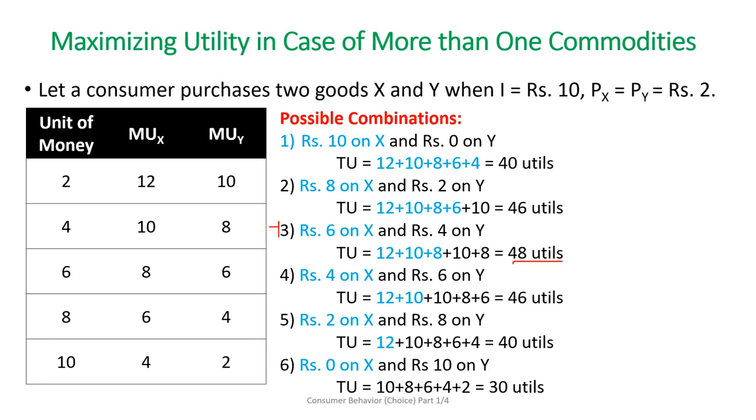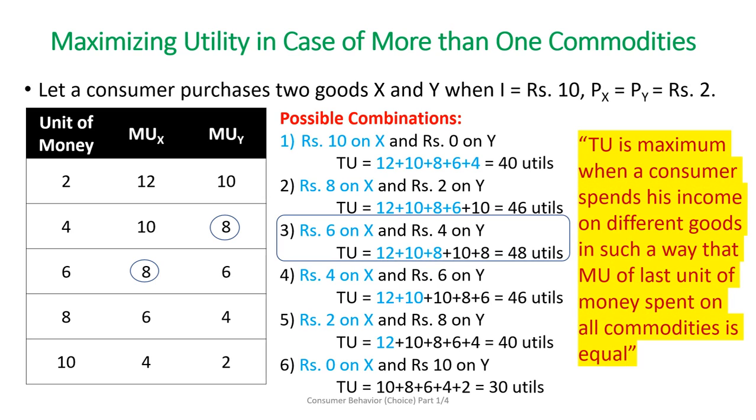We can see that in this way, the marginal utility derived from the last unit of money spent on X is 8, and the marginal utility derived from the last unit of money spent on Y is also 8.